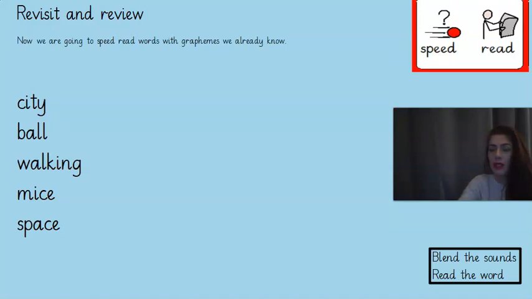Okay, speed reading. I'm going to point at the word, you're going to read it, and then we will check. Remember our spelling rules that we've learned. City, ball, walking, mice, space. Well done.